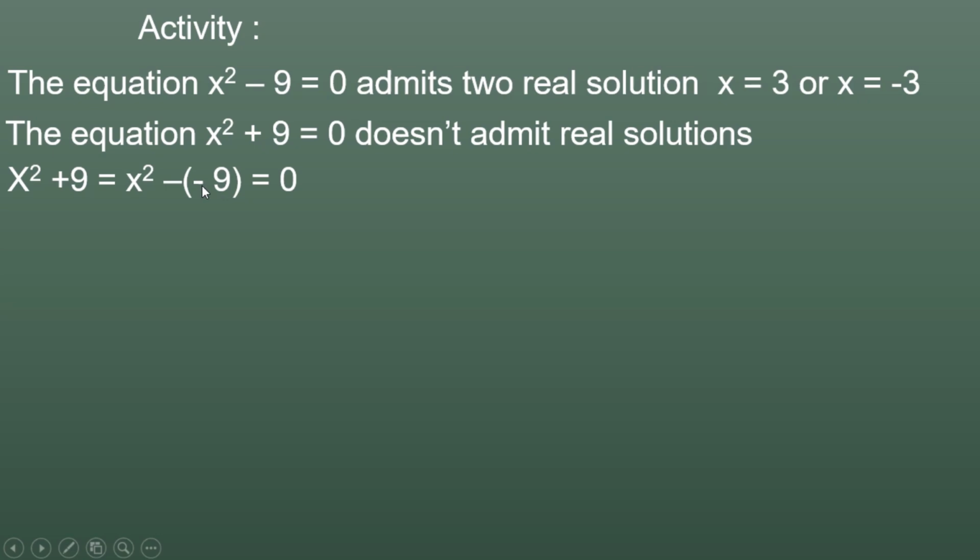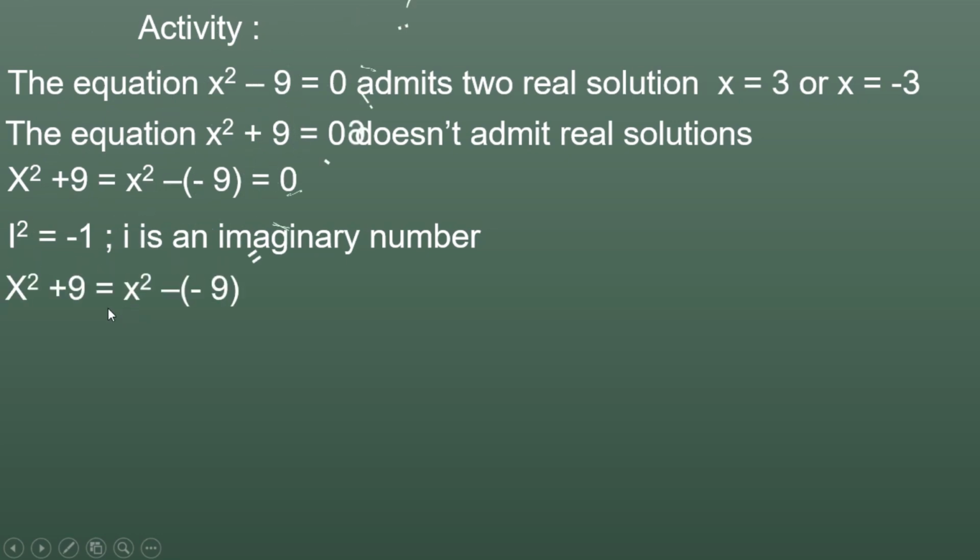So we think about an imaginary number called i. This is an international notation. i squared equals minus 1. So when we substitute minus 1 by i squared, we get minus 9 is 9i squared, because i squared is minus 1.